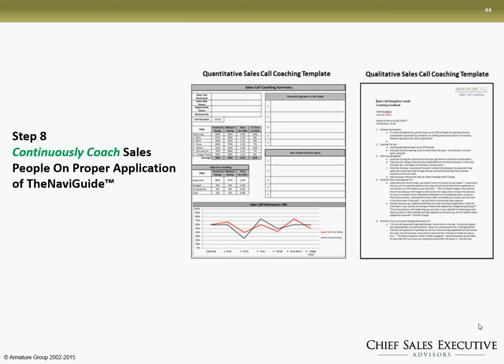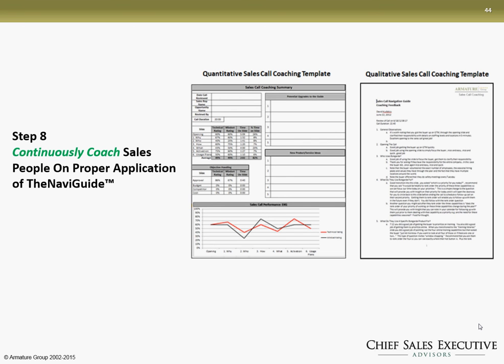Now in step 8, we continuously coach salespeople on proper application of TheNaviGuide because it's different from their traditional training. There's two ways we do that. One is through quantitative sales call coaching, where we assess two attributes: technical execution of the sales call step by step through the call, and their mindset and attitude during execution of the sales call.